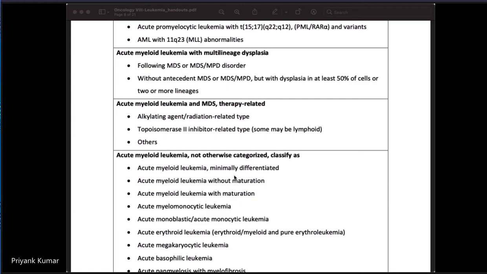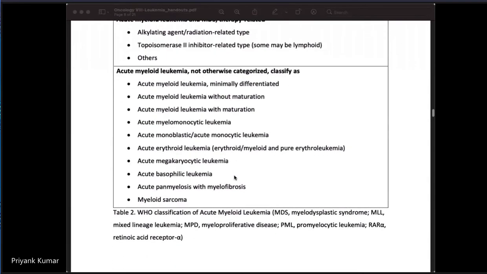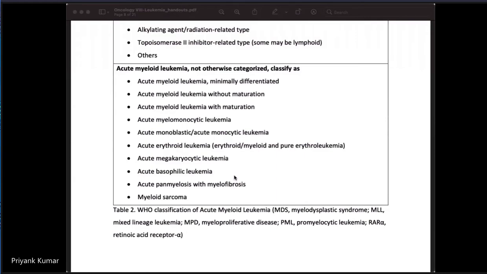Sorry, could you repeat what cancer cells do with the topoisomerase? Yeah. Cancer cells have exploited this phenomenon.